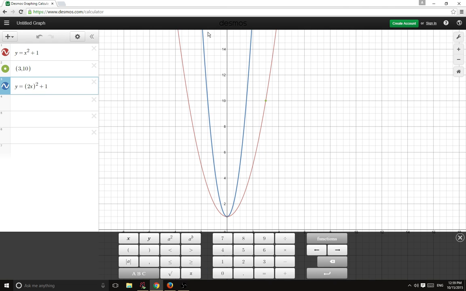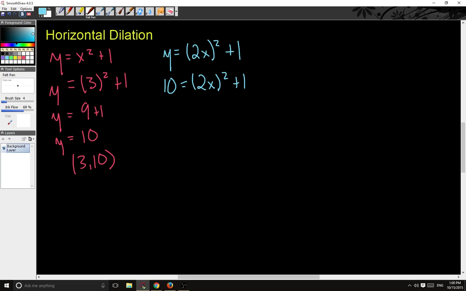So we notice that our graph actually has been squished inwards. Intuitively, maybe people would have felt putting a 2 in here would have made the graph wider or bigger. So why don't we think about why it's actually skinnier rather than wider? Let's go back to this observation, where we're trying to figure out what x would have to equal if y was 10 for our new equation.